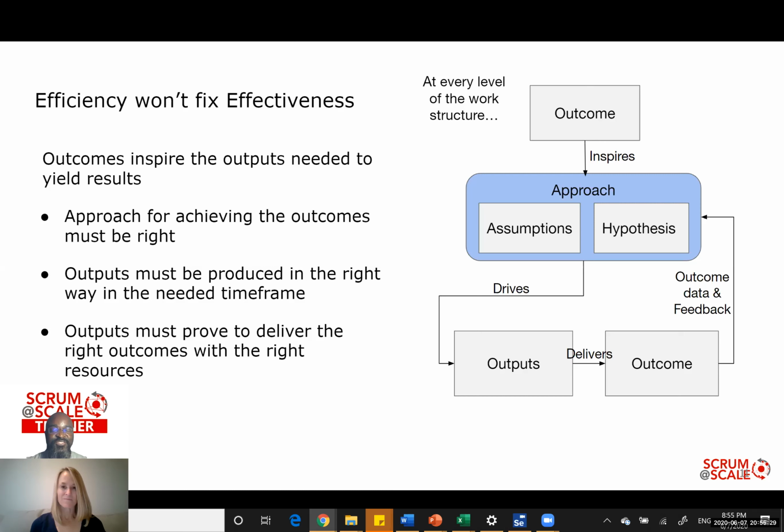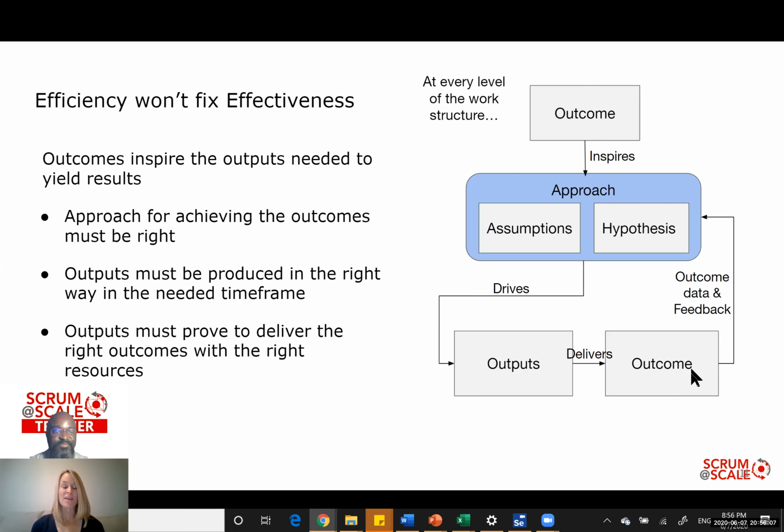Those thresholds will say, if I reach this numerical quantification, it means this. And if I reach this level, it means this. And so I'm going to use that data to determine, once I collect measurements, whether or not my hypothesis is true or false. And once I discover that, then I can take the appropriate corrective action to modify my approach as necessary to achieve the outcomes that I desire.